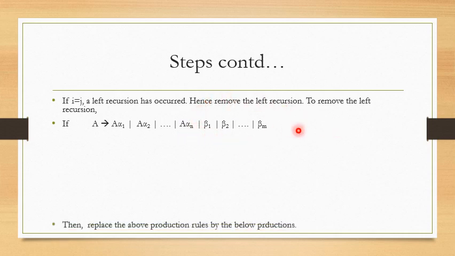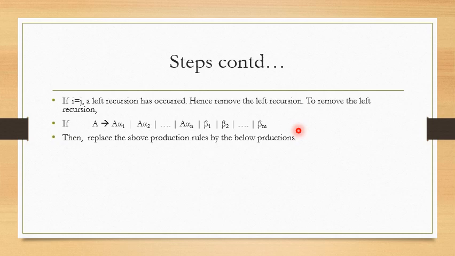How we are going to change is, you introduce a new non-terminal called Z. The part which does not have the left recursion is placed first, followed by those parts which are each followed by the new non-terminal Z. What will be this Z is the alpha components, alpha 1, alpha 2 up to alpha n, and each alpha is also followed by Z. So this is how we eliminate the left recursion.